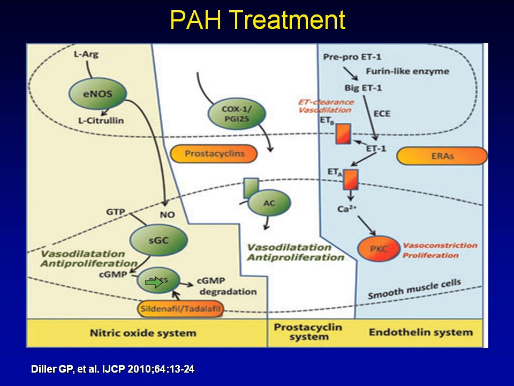Now, one of the drugs that was just approved is called riociguat, and that drug is a little different in that it stimulates soluble guanylate cyclase and increases cyclic GMP. So the broad picture is that we're very fortunate now to have 11 different medications that target these three basic pathways.